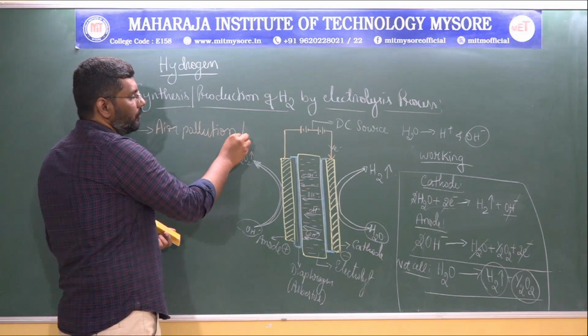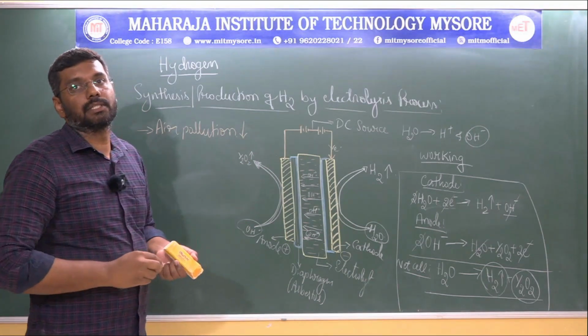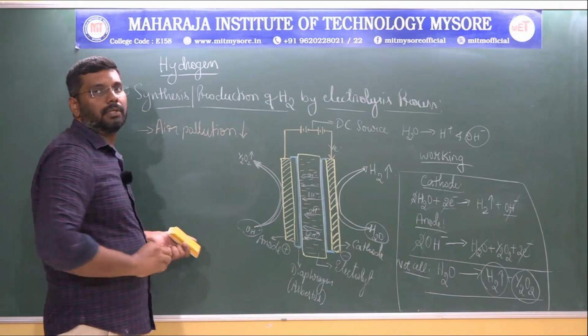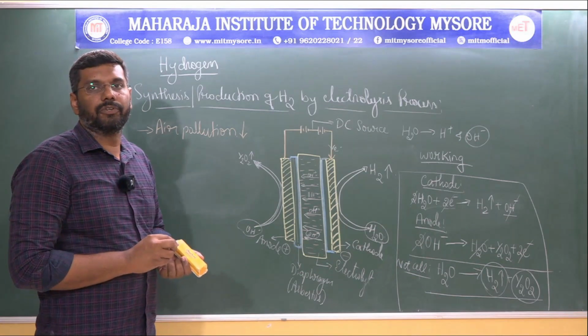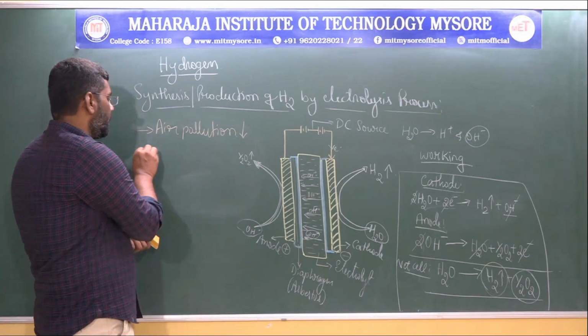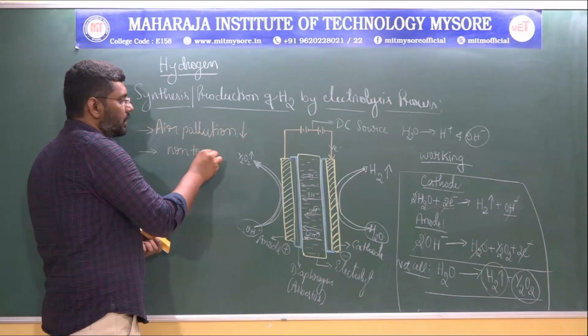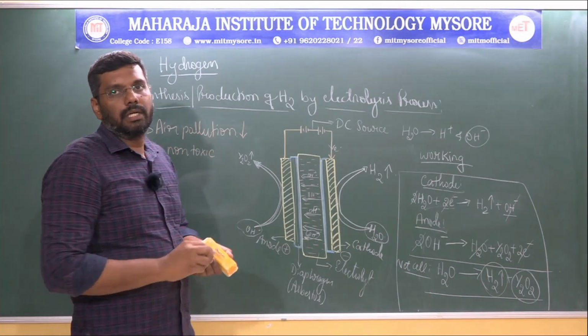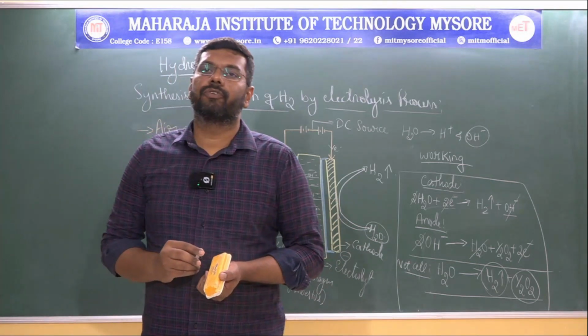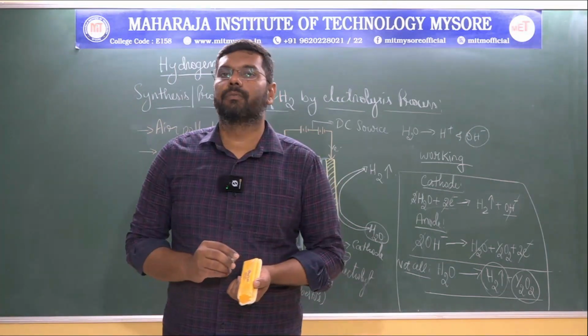Air pollution will gradually decrease if you use hydrogen as a green fuel. Why? Because hydrogen is non-toxic, which means during combustion it never releases any harmful gases which pollute the environment.